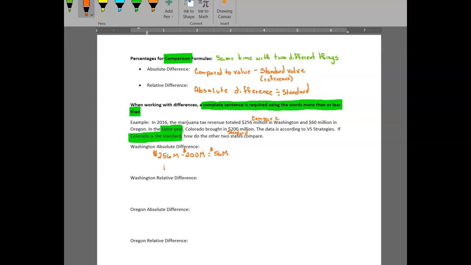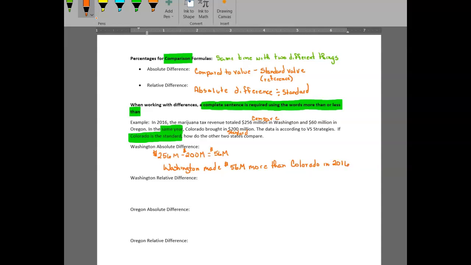So we're going to say that Washington made 56 million more dollars, or more than Colorado, in 2016.